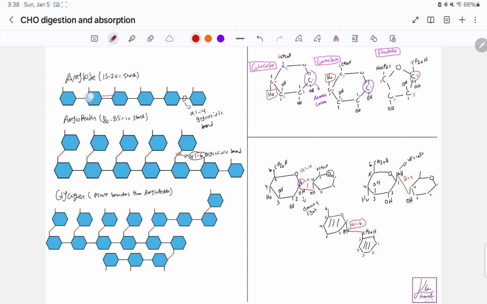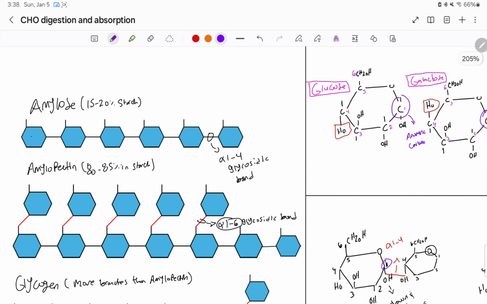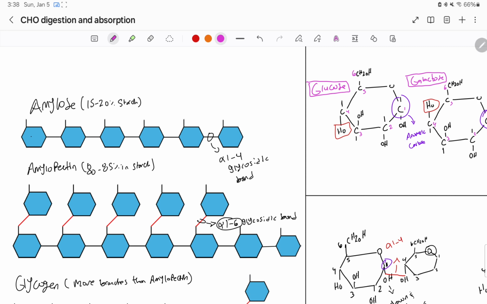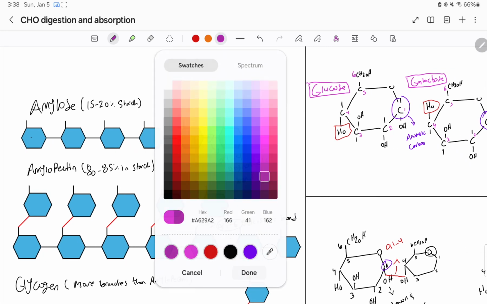So now in terms of digesting all of these large polysaccharides, because when we eat, more often than not, we don't eat simple carbs. We're eating oligosaccharides and polysaccharides. So when I'm eating these polysaccharides, how do I digest them? There is a specific enzyme, and let's draw it in this color.